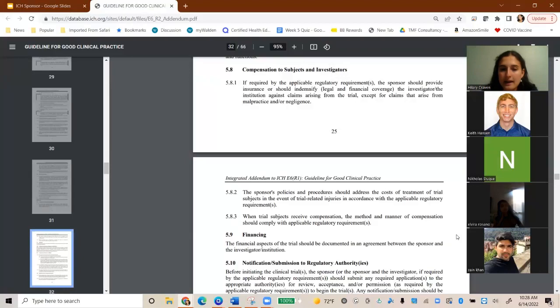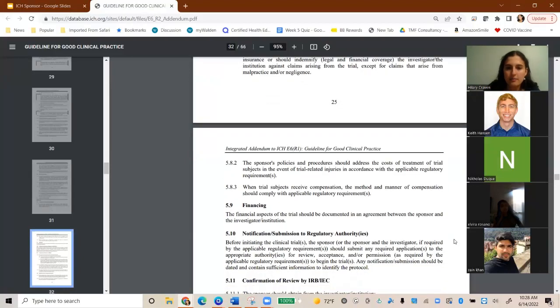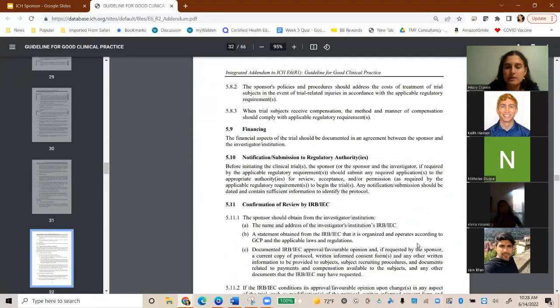All right, 5.9, maybe we'll stop there, and then we can go into the IRB later. Financing. The financial aspects of the trial should be documented in an agreement between the sponsor and the investigator/institution. So basically everything needs to be very clear. As you read through this document, you should get the vibe that a really important aspect is patient safety, protecting patients' rights, right?